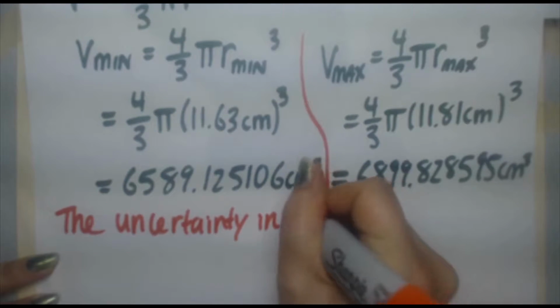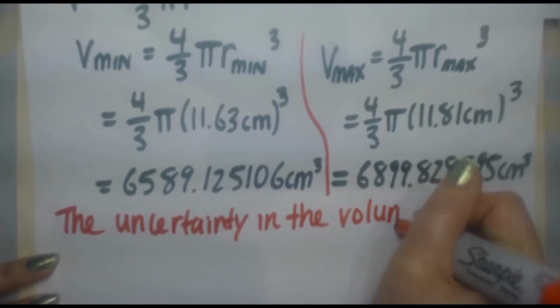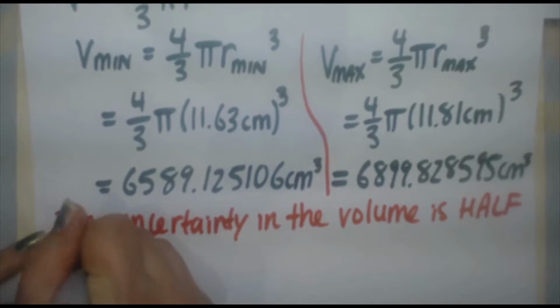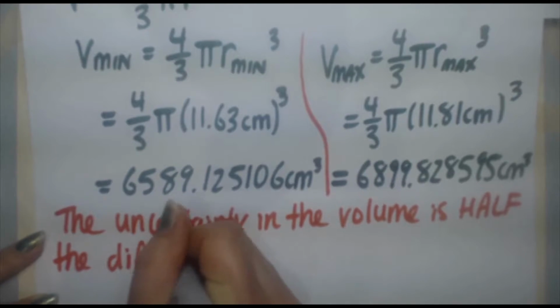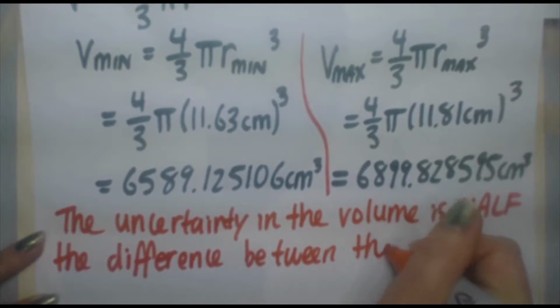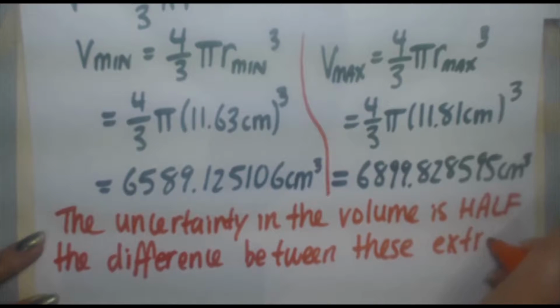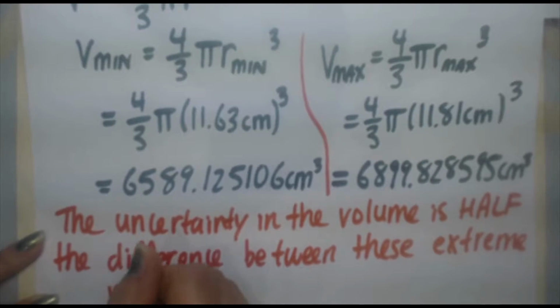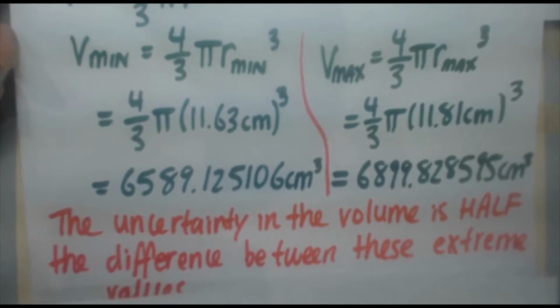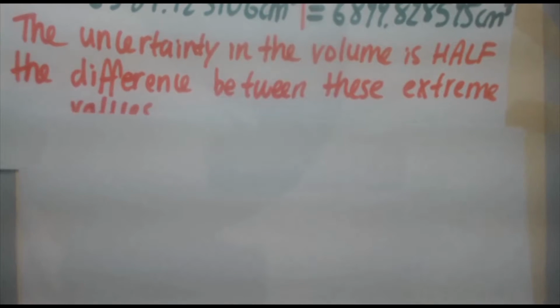Remember, whenever you use a measuring instrument, it's half of the smallest denomination. Here we've got two ranges of volumes, so you take half of the value of the difference between those two numbers. Let's keep going.